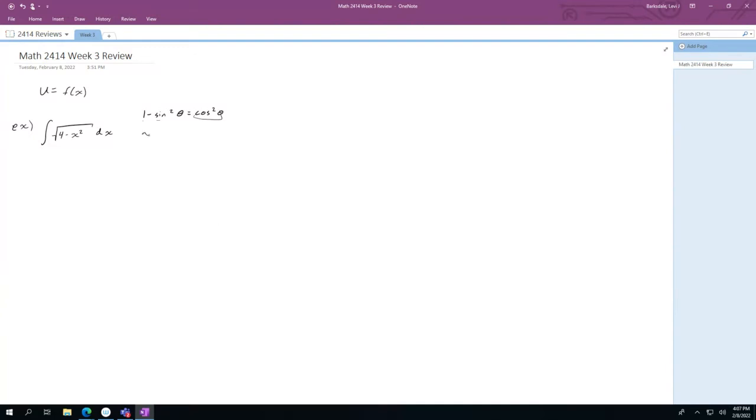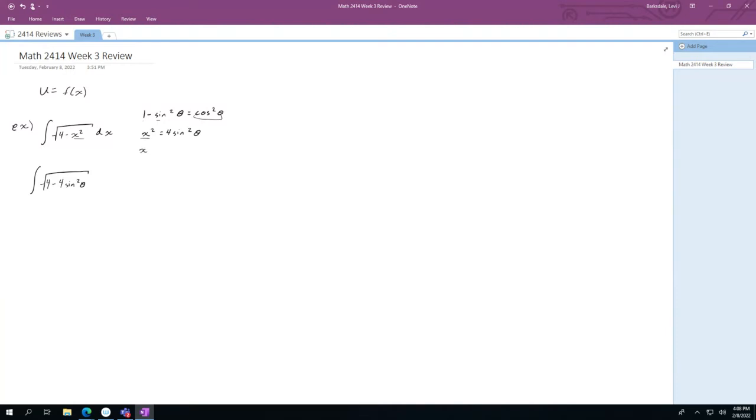So I'm going to say I want my x squared to be equal to 4 sine squared of theta. Because what that lets me do is replace my x squared with 4 sine squared of theta. So now I have the integral of the square root of 4 minus 4 sine squared theta.